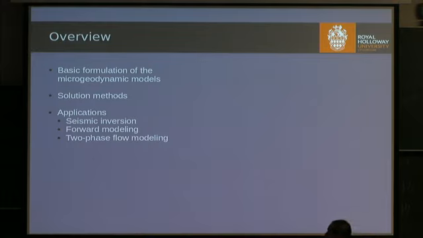I'll discuss a little bit about the solution methods, and then we'll look into 3 different types of applications, because it seems like since I started this whole business in 2008, there has been some quite interesting and almost unexpected developments where I wasn't quite sure that these applications would come out of these type of models. So I'll show using some seismic inversion, some forward modeling, and also 2-phase flow modeling.